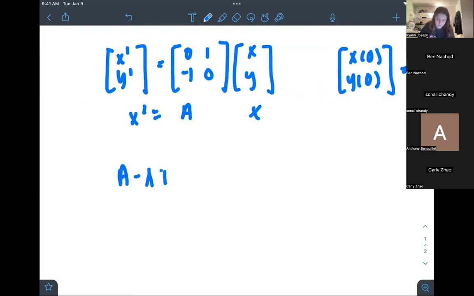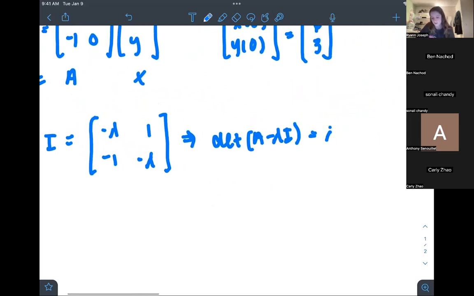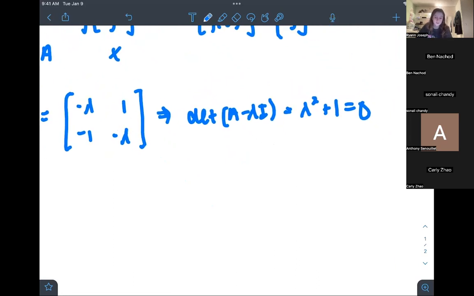So A minus lambda I. And then we're going to find the determinant of this, which is just equal to lambda squared plus 1 is equal to 0. We want to solve for our eigenvalues, which is just the roots of this equation. So here we see that it is 0 plus or minus i.